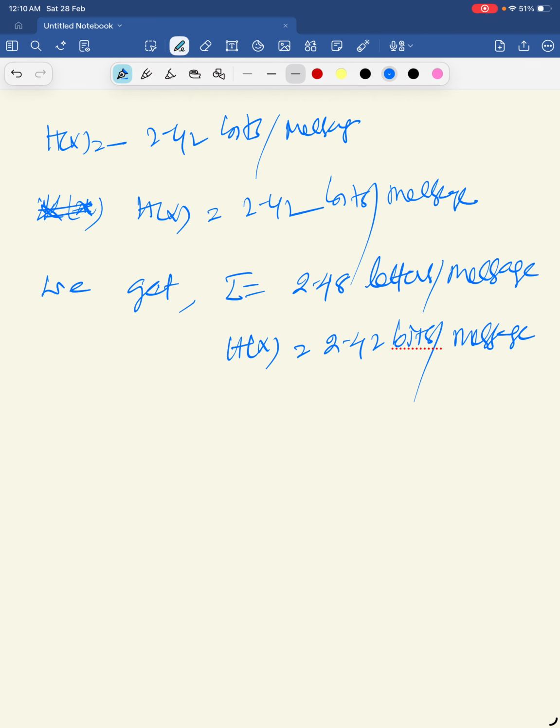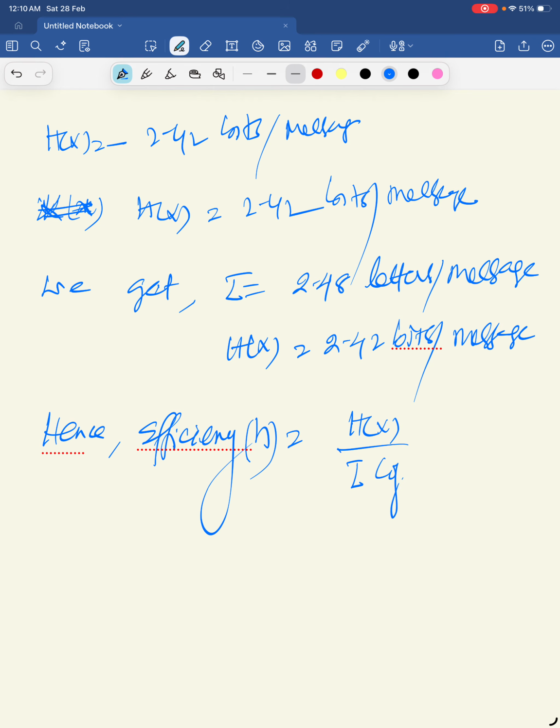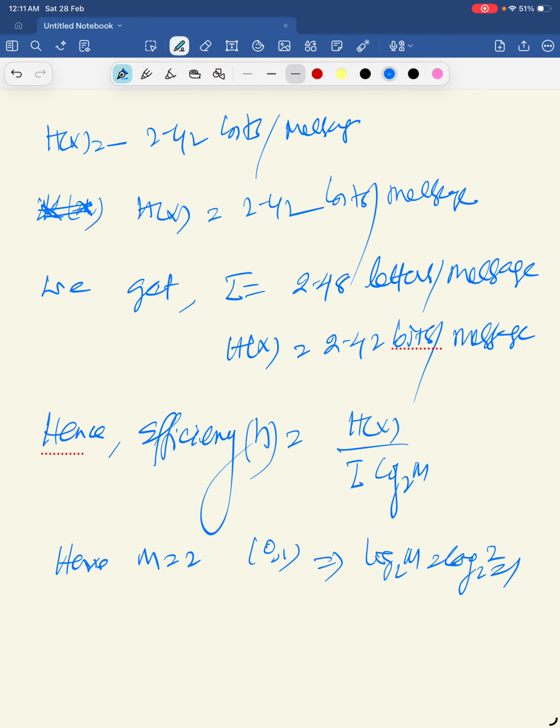So now, hence the efficiency eta is equal to H of x divided by L bar log to the base m, and we know that here m is equal to 2 because we are using 0 and 1 only, binary. So log to the base 2 is equal to 1.